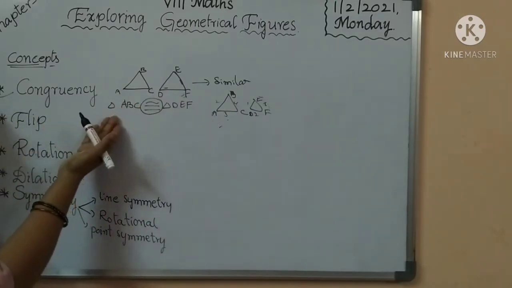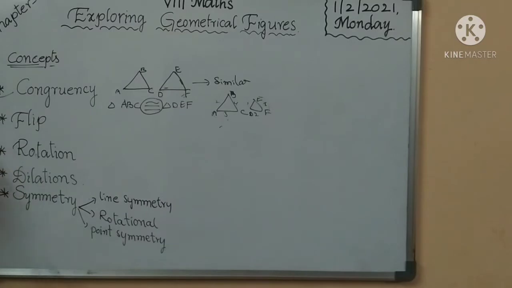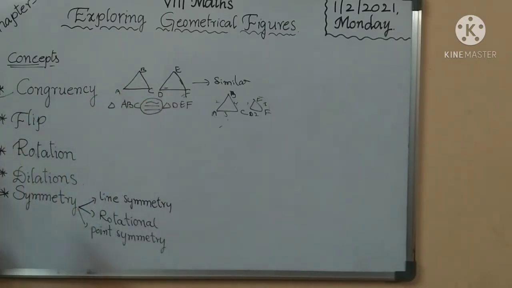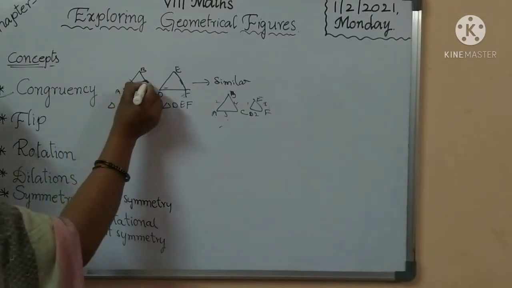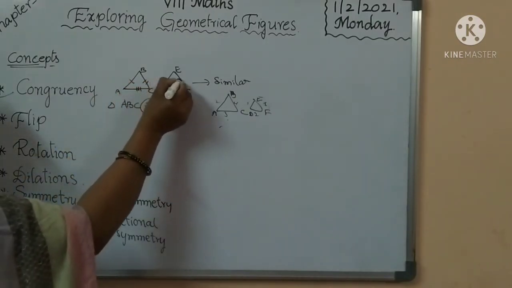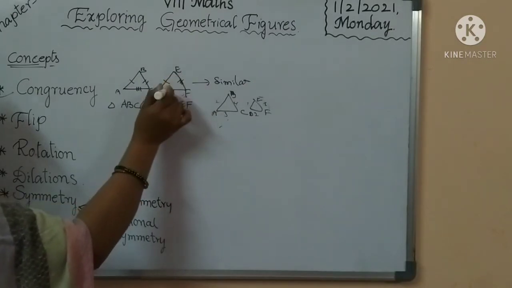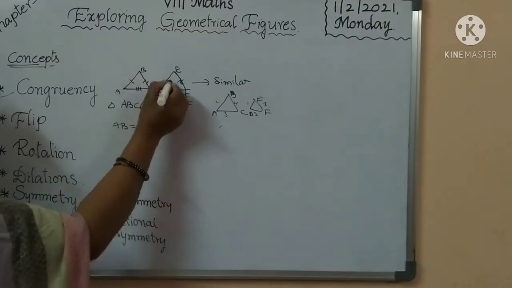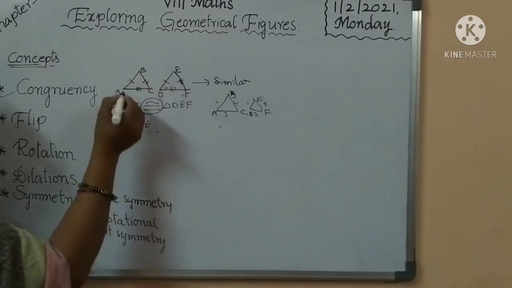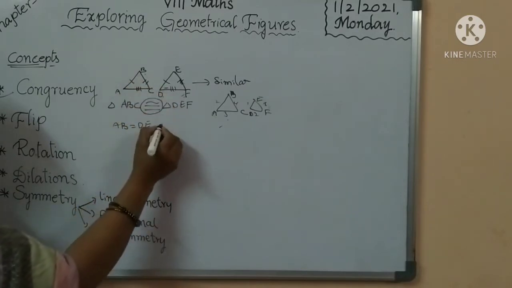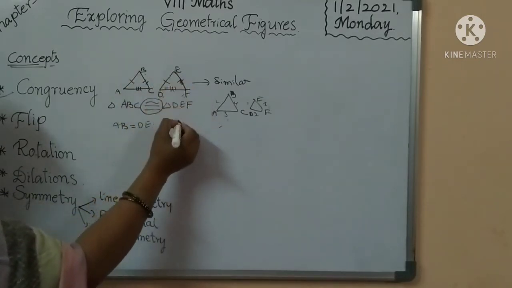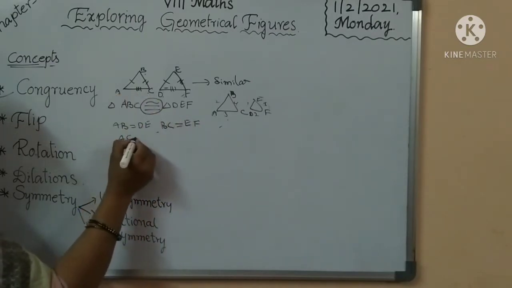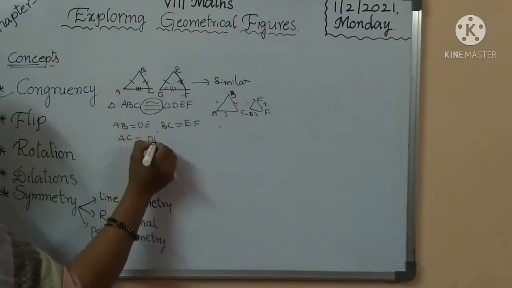Congruence means the size is the same and the shape is the same. Here all sides are equal and angles are also equal. AB equals DE, BC equals EF, and AC equals DF.